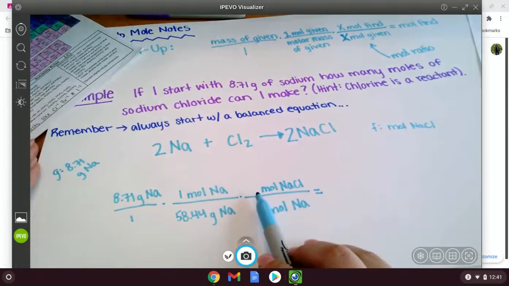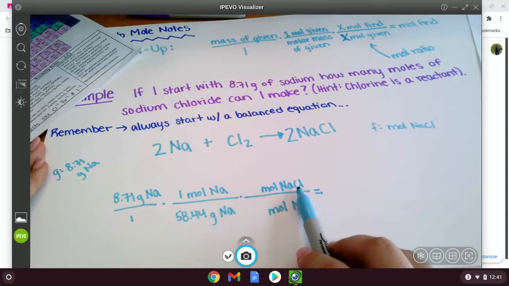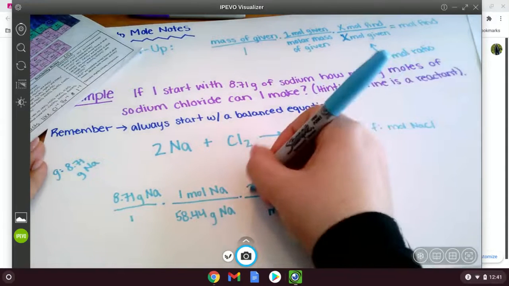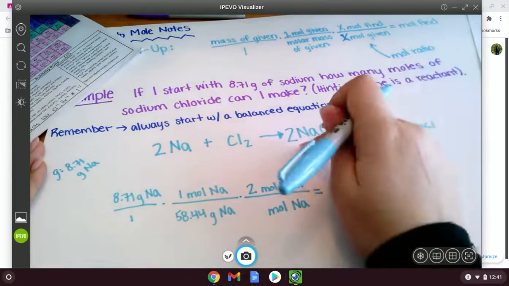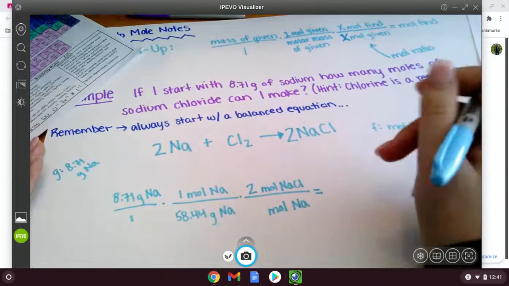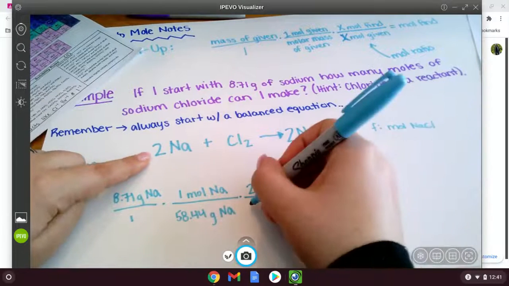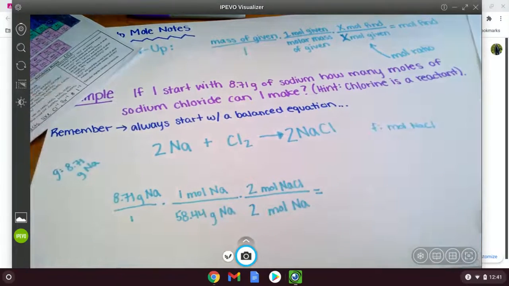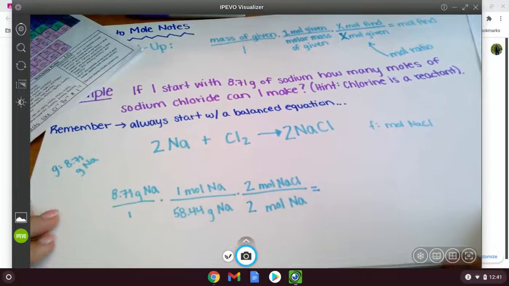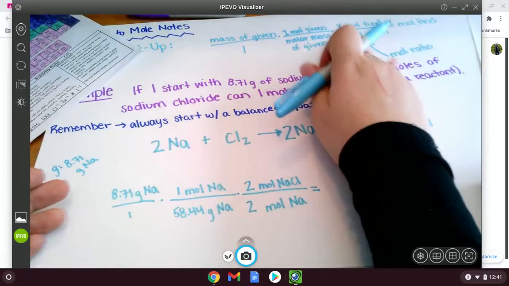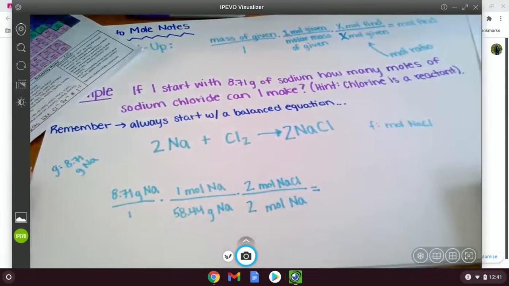So to determine what number is going to go with my moles of NaCl, I need to look at the coefficient. So I'm going to put a 2 here because that's the coefficient in front of NaCl. Na also has a coefficient of 2, so I'm going to put a 2 here. Okay? So I have set it up following the setup I outlined above.